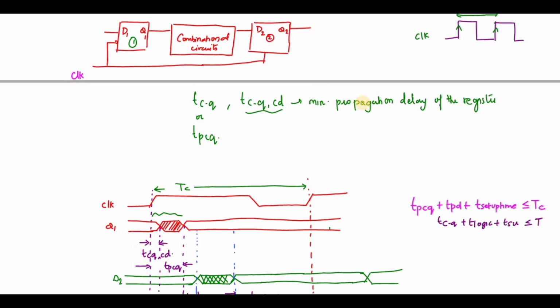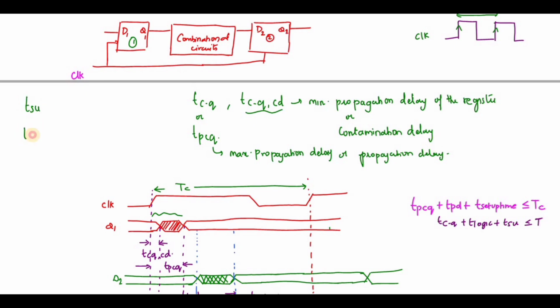This minimum propagation delay is also called the contamination delay, and this one is called the maximum propagation delay, or propagation delay, of the register.